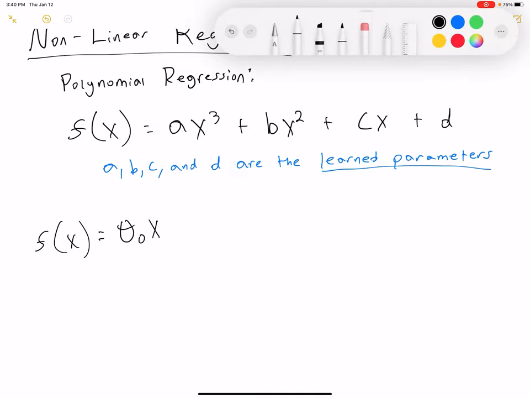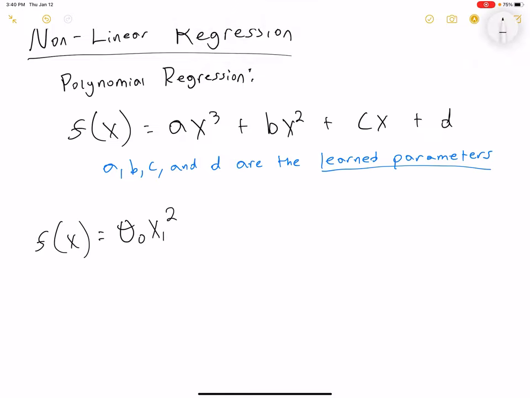This is now for a 2-input model, plus theta 1 x2 squared, plus theta 2 x1 plus theta 3 x2 plus theta 4, just showing you different variations.